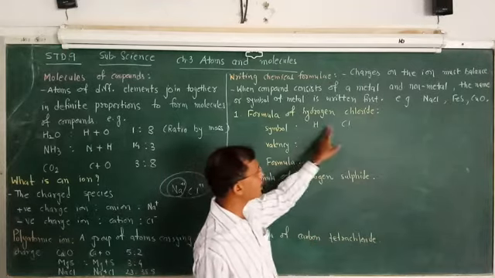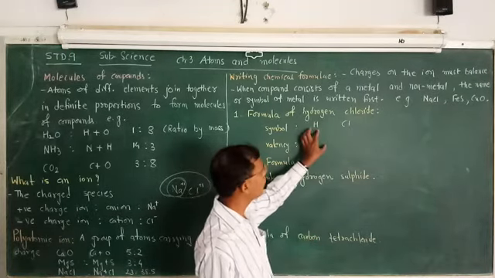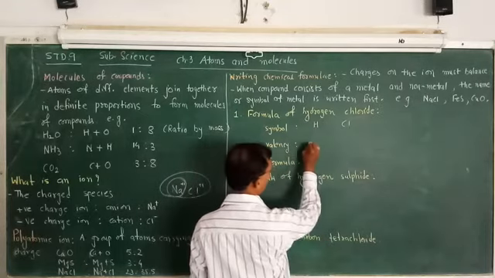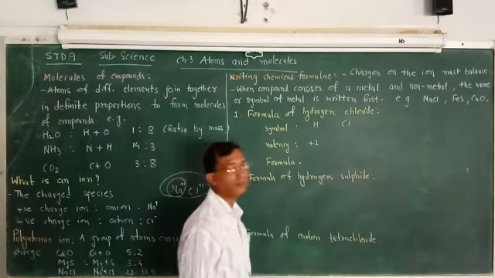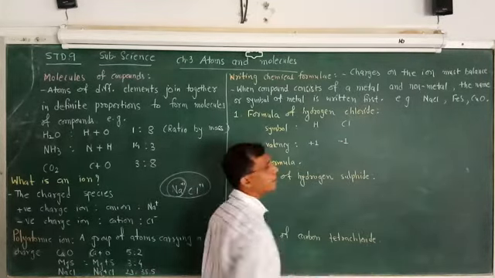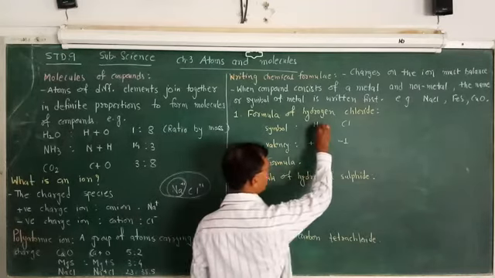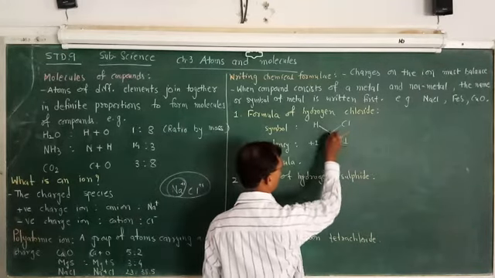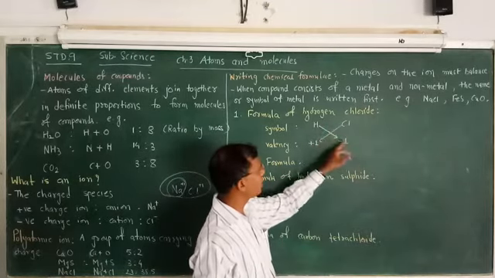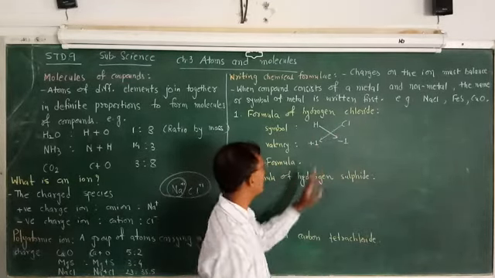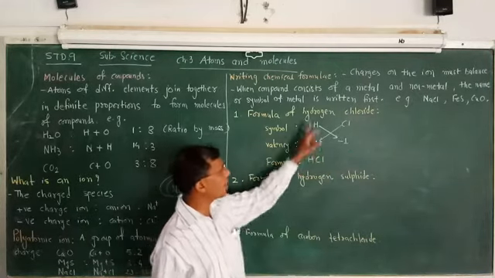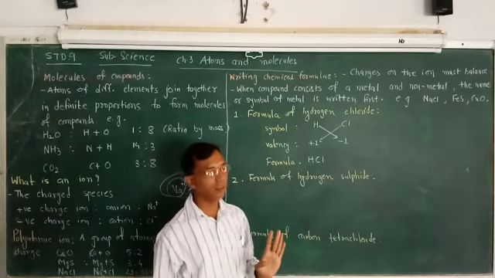Hydrogen first, then Cl. Here the valency of hydrogen is +1 and the valency of chlorine is -1. Now cross multiply. Both valencies are balanced here. So the formula of hydrogen chloride is HCl.